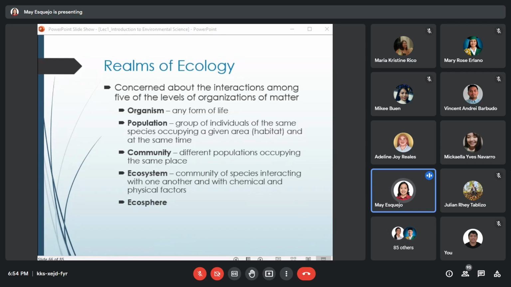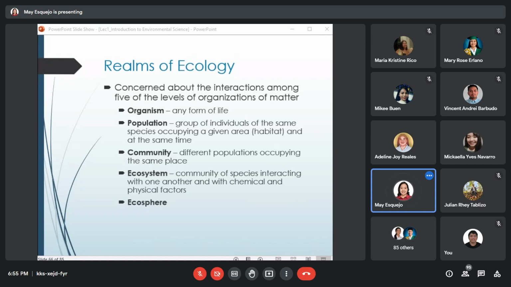It is any form of life, because these are very important for levels of organization sa isang ecosystem. Okay, so we have organism, and then group of organisms composing yung population. So population is a group of individuals of the same species. So dapat isa lang. Okay, in a given area at the same time.